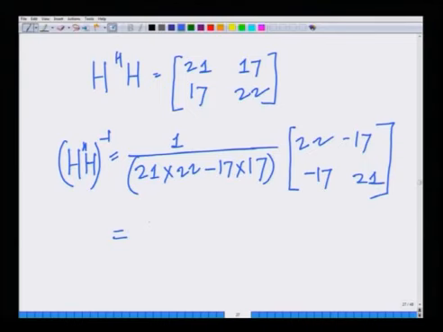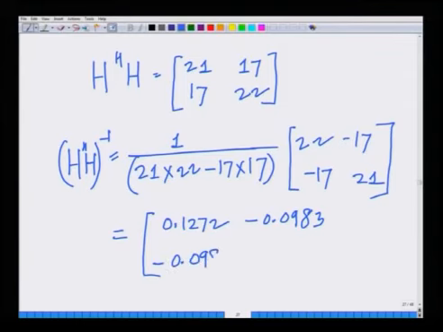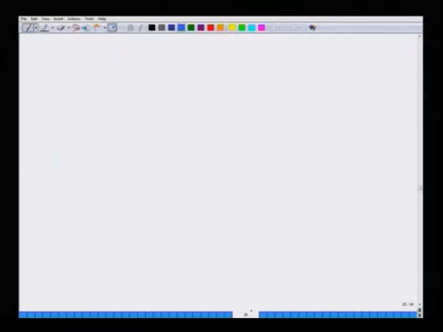I will not do this computation here, but you can compute that this matrix is [0.1272 minus 0.0983; minus 0.0983 0.1214]. All right. So, H Hermitian H inverse is this matrix that is given over here.